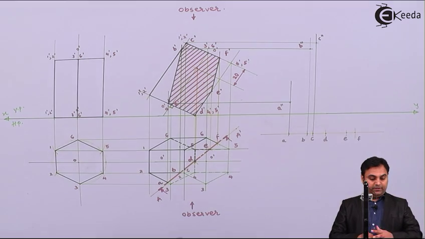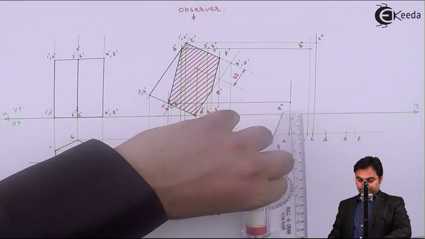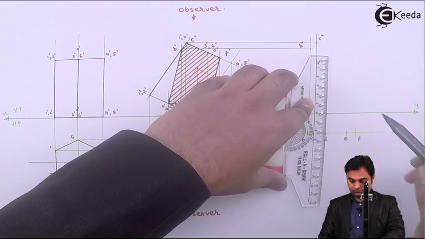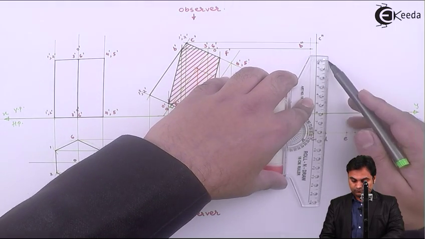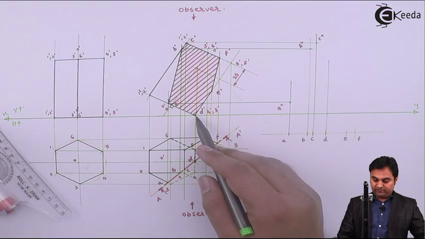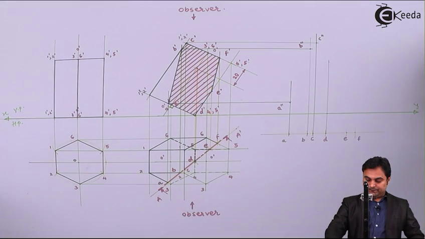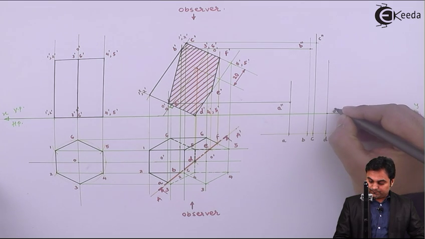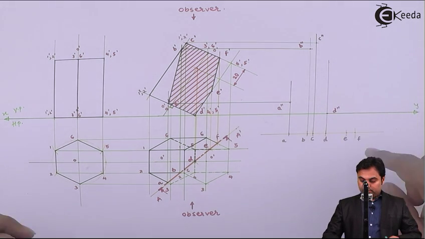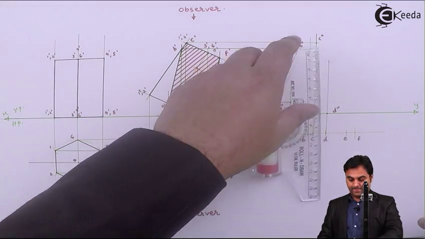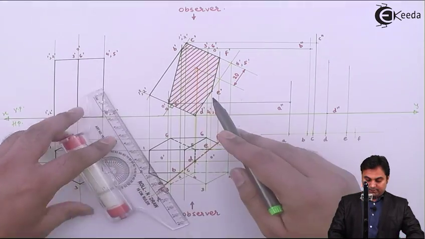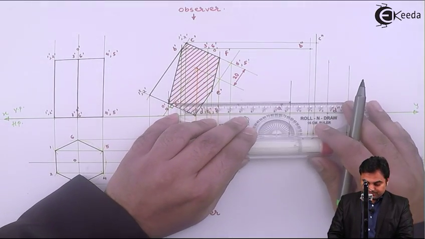Then point D. Here we have point D on XY line, so that will give me D double dash. Then point E, and here we have E dash.